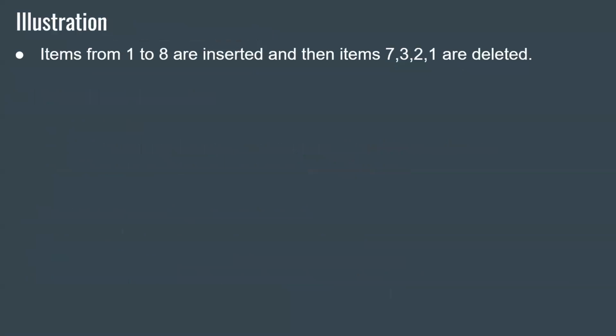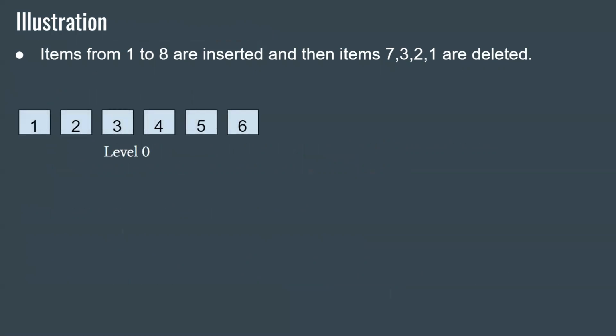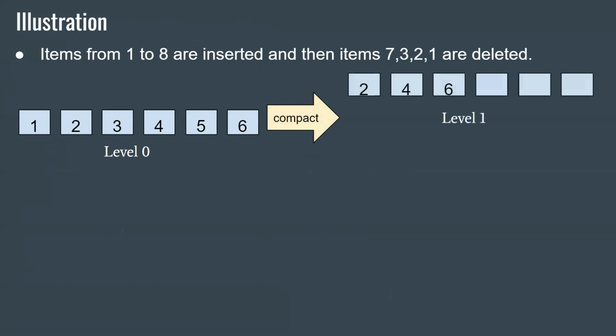So here's an example. Items 1 to 8 are inserted, and then items 7, 3, 2, and 1 are deleted. After processing the first 6 insertions, the level 0 buffer becomes full and needs to undergo a compaction. After the compaction, items in the even indices are pushed to the level 1 buffer.